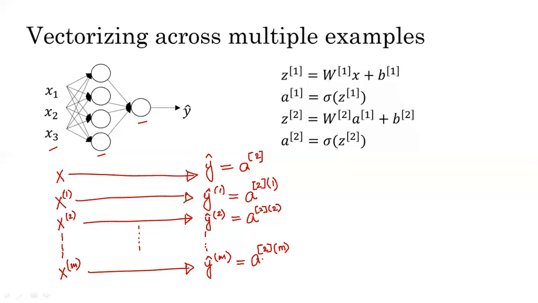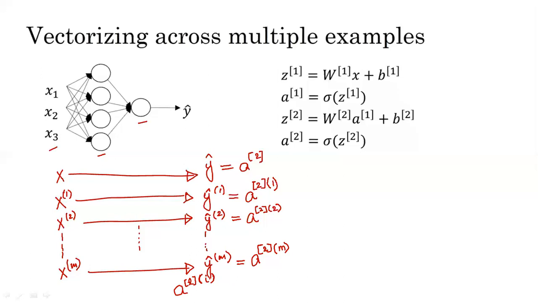In order to create a general notation for what we are writing here, we can define it as follows. Suppose we write a with a square bracket L, which represents the layer on which we are working, and inside the round bracket I write some variable i.